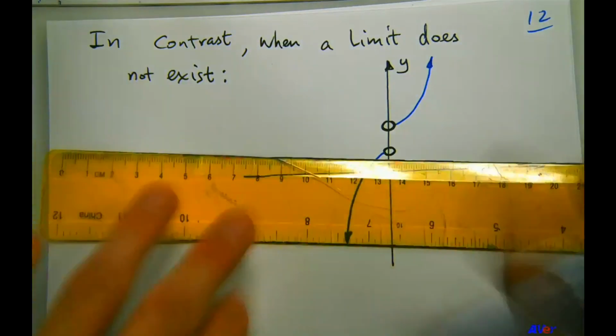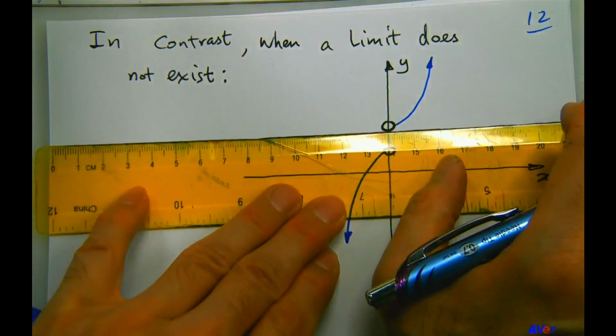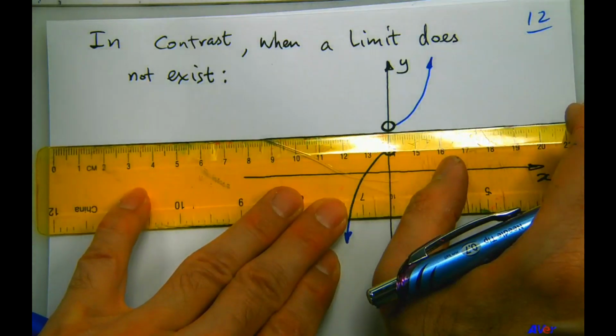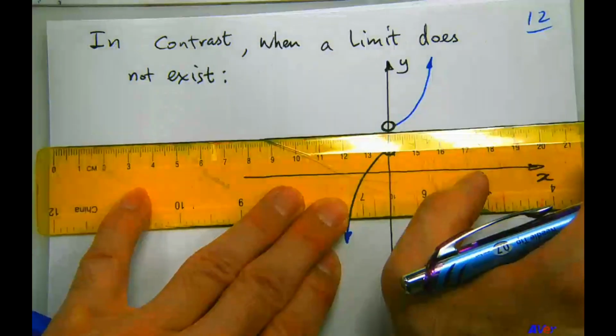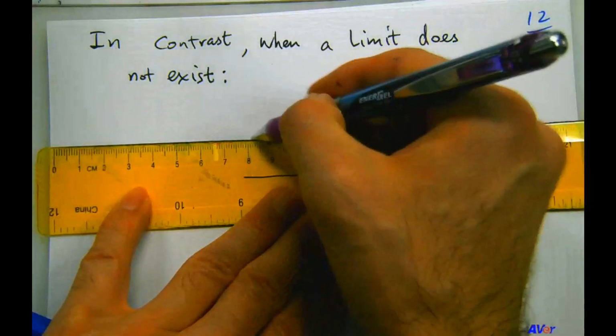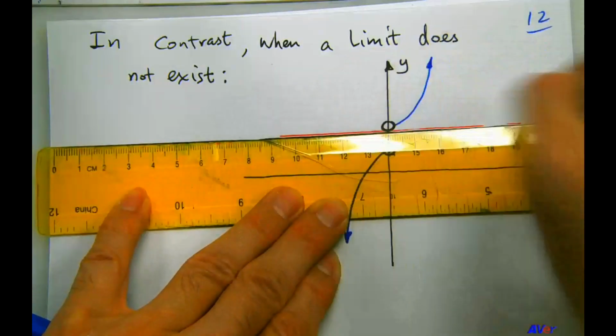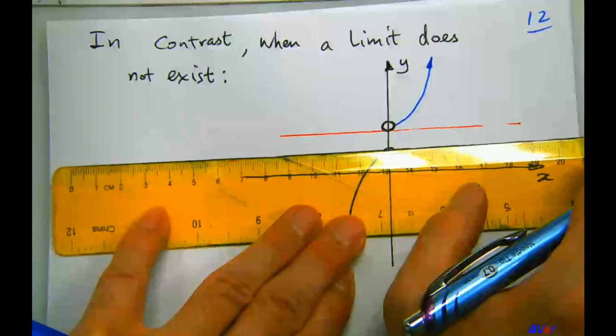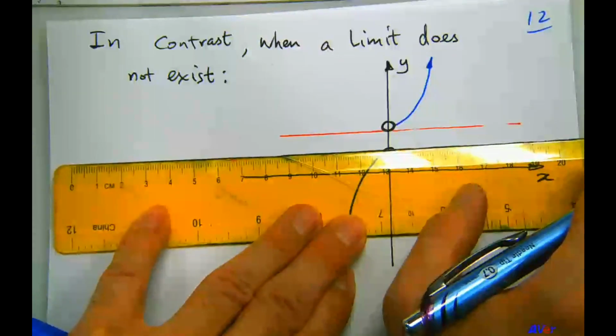And let's take epsilon. Let's pick epsilon very, very small. So between 1 and 2, right? Somewhere there. Like that. And like that.